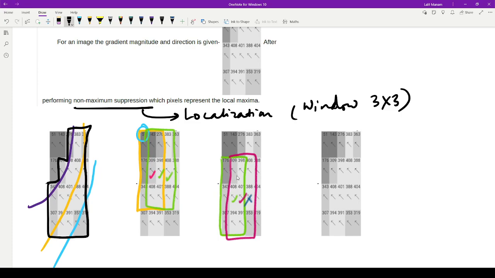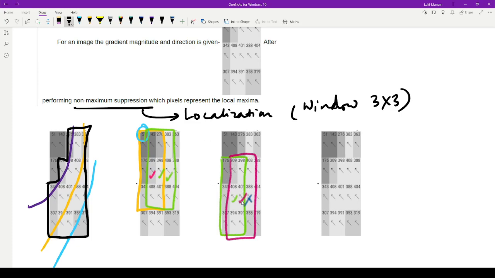So when we choose 401, we have to remove 309. 401 is here, and you compare it with 309. The point is 309 was already chosen, so you have to suppress it. Does everyone agree with this? You cannot have more than one maximum along the direction.